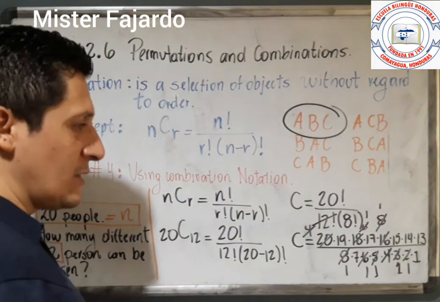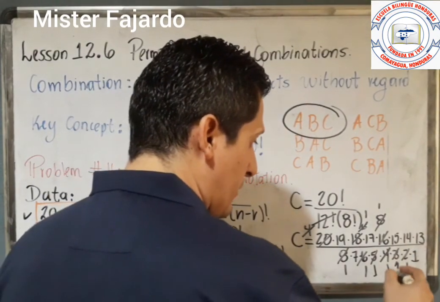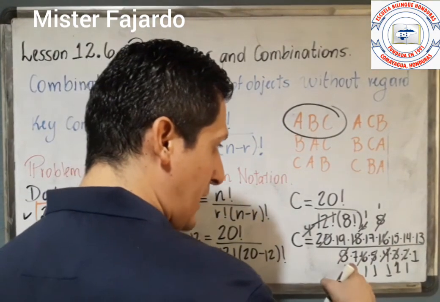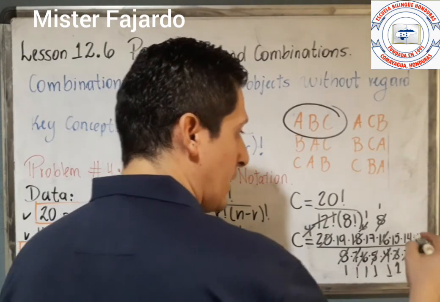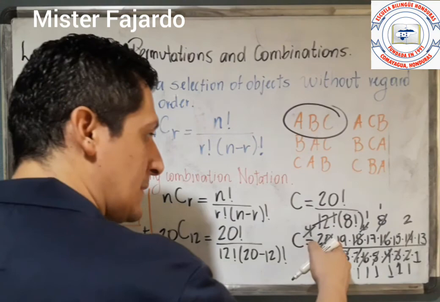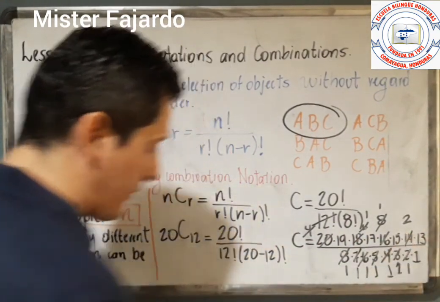But if you cannot do it, you just need to multiply all the terms that you're going to have, and then simplify. In this case, I already finished; I just have 7 and 14 that I can also simplify. Dividing 7 is going to be 1, and here is going to be 2, okay? But I have 19, I have 17, I have 15, I have 2, and I have 13, okay?